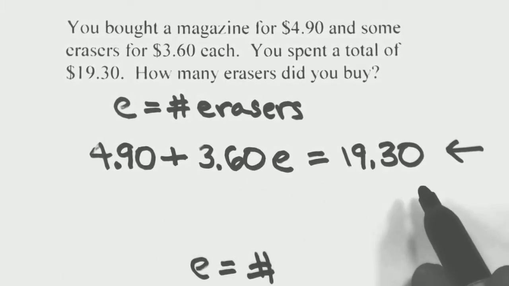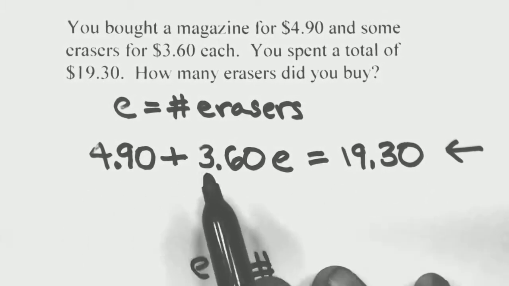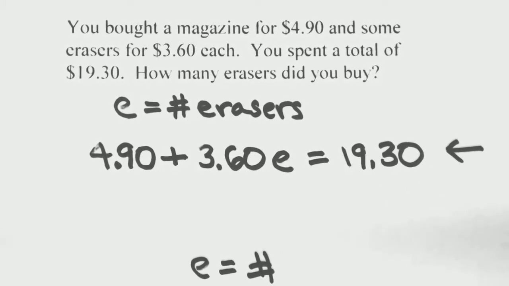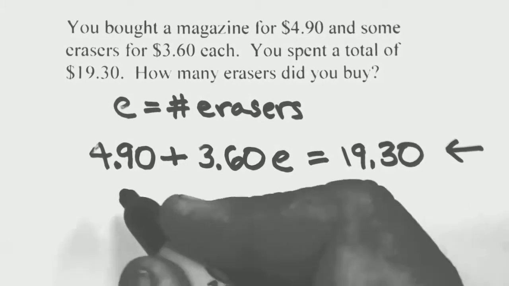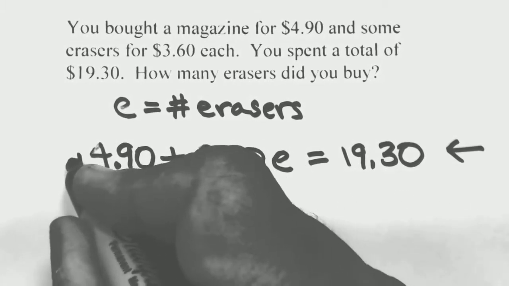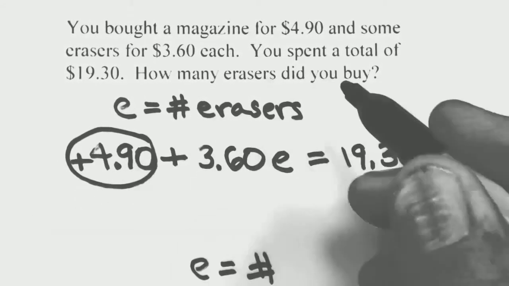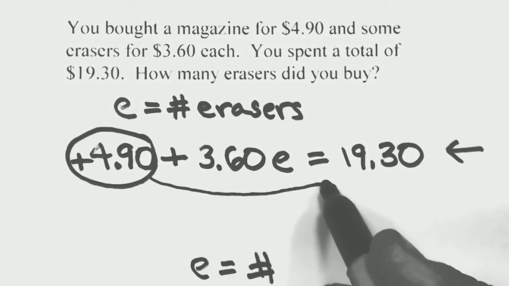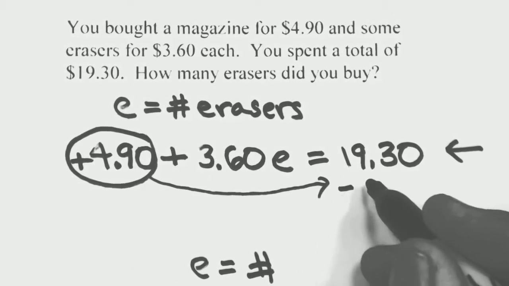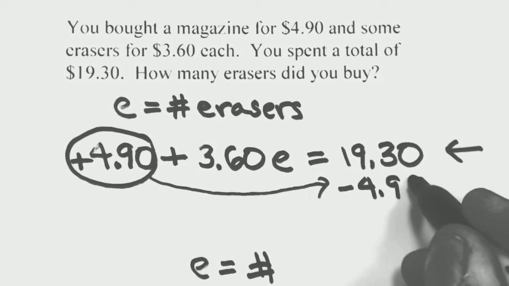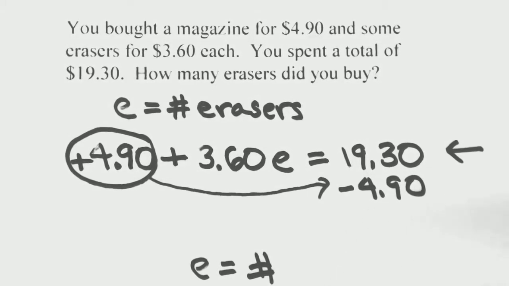Now, they're decimals here, but they're all 2 places. So I think it's easy enough to keep the decimals. Let's do that. The only guy that's on the wrong side is this plus 4.90 in front. So we're going to jump that over to the other side where it changes signs and becomes minus 4.90.